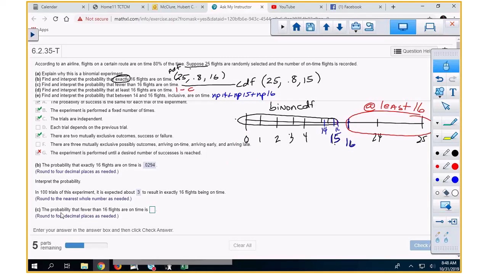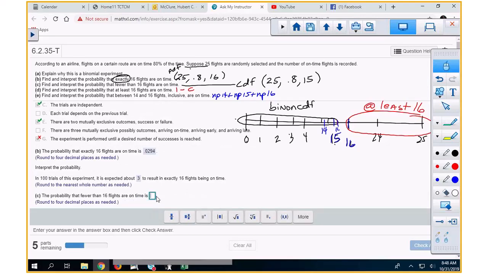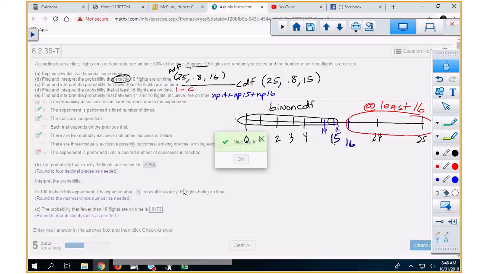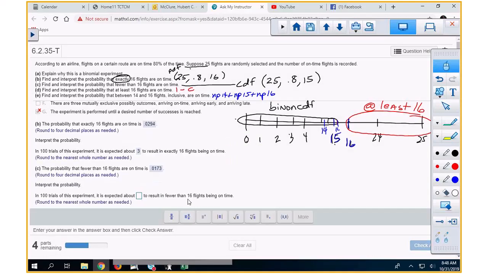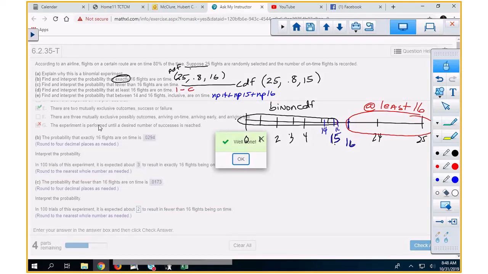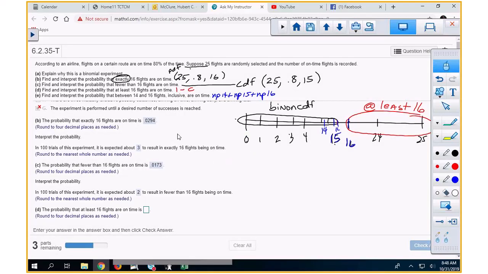Okay, now, is this C? Somebody do 25 CDF 25, 0.8, and 15. What is it? Okay, I heard .0173. And we feel good about that. Now, somebody take .01, that's .9827.